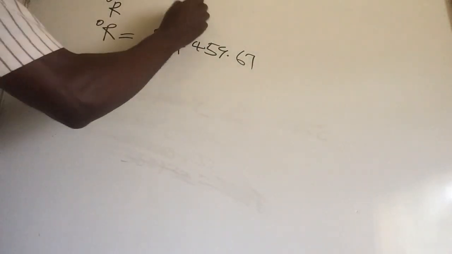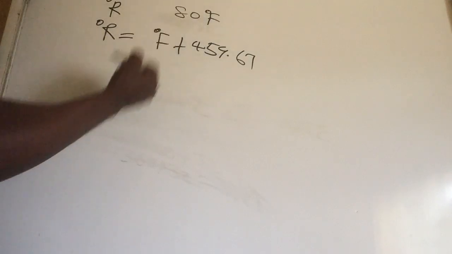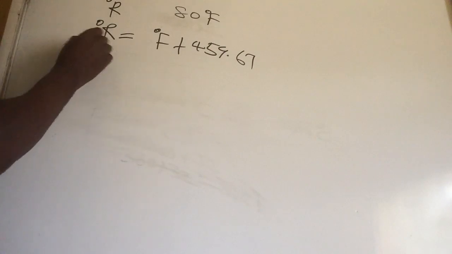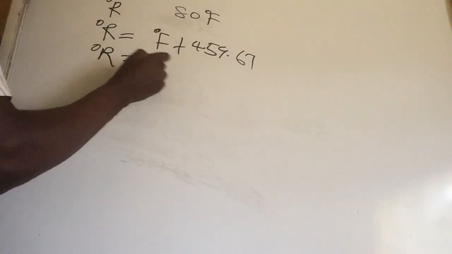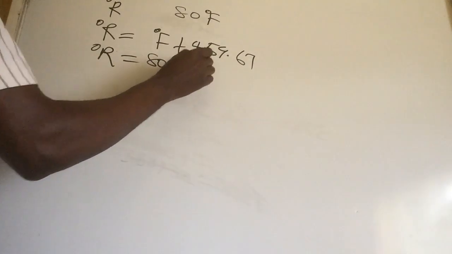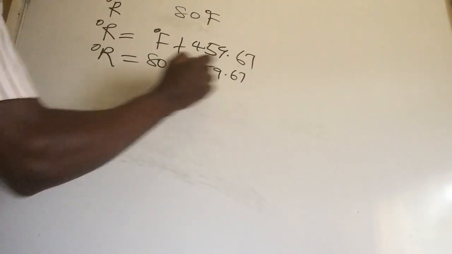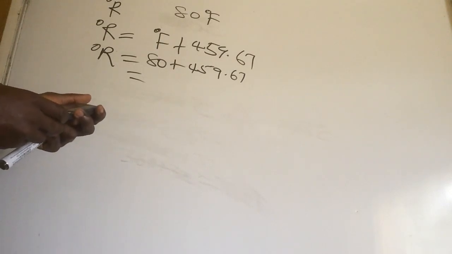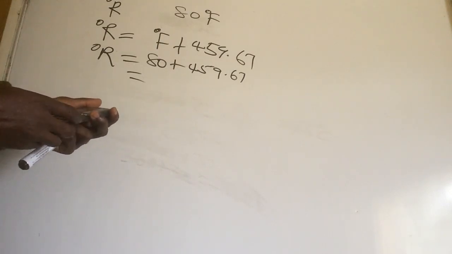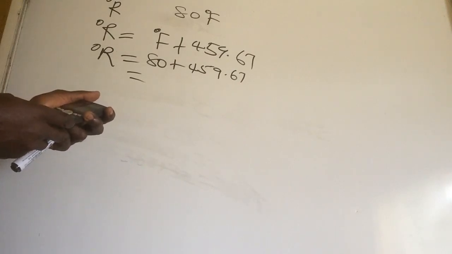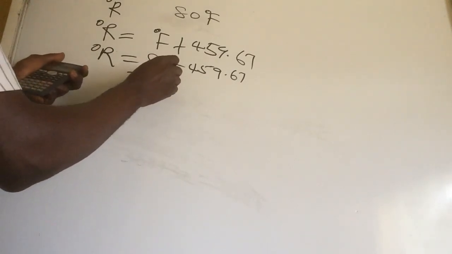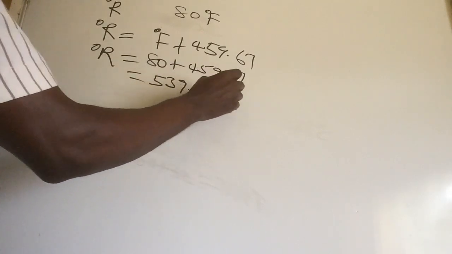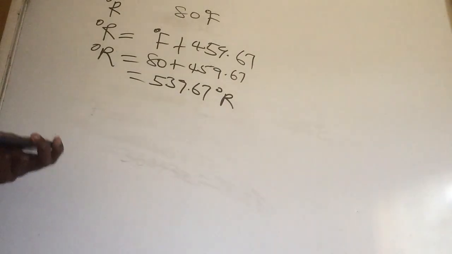So if we have 80 degrees Fahrenheit and you want to convert it to Rankine, you make use of this formula, which is degree Rankine equals 80 plus 459.67. And when you add, we have 539.67 degrees Rankine. So that is that.